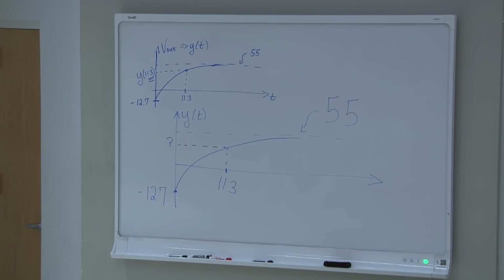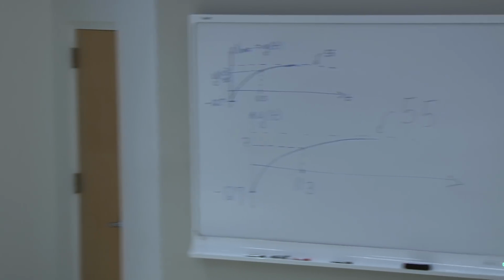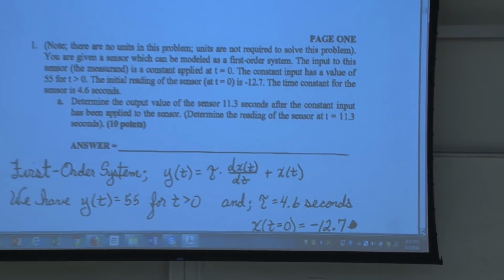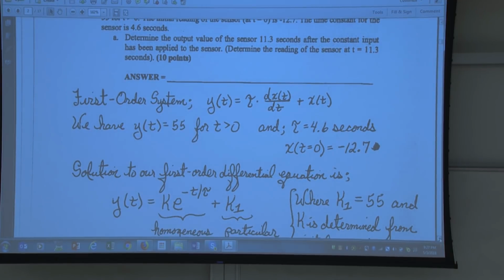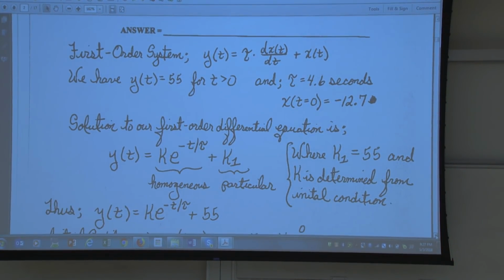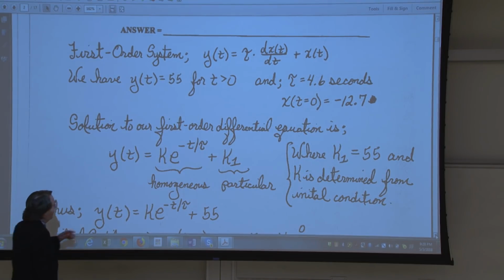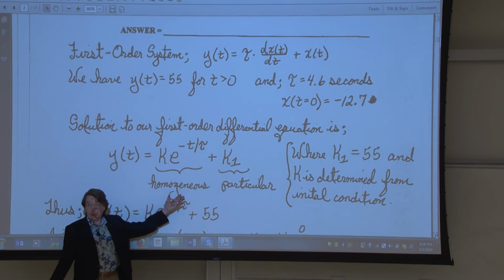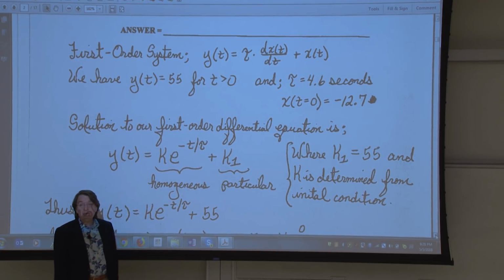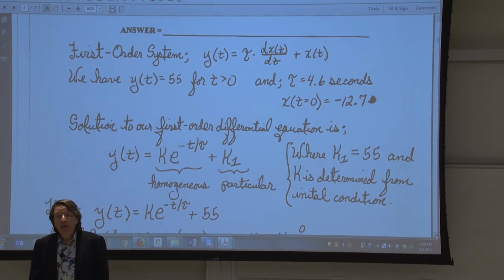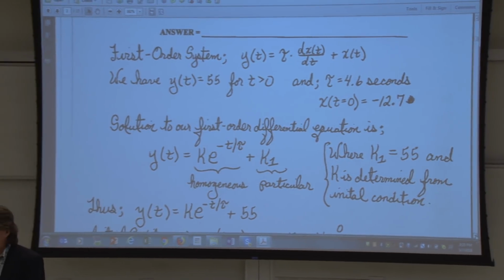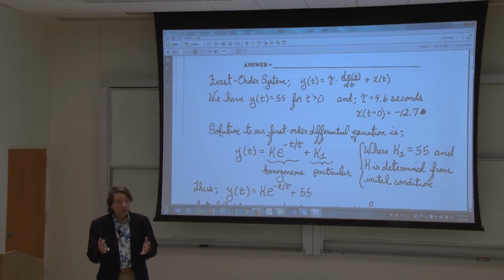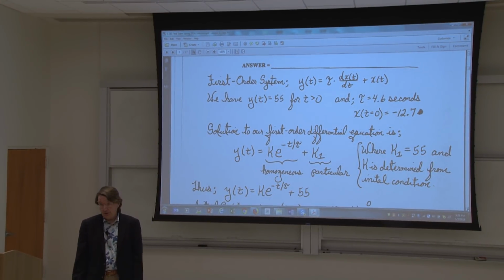All right, so I come down here, and I'm hoping, my colleagues, that you know this now very well. For a first-order system, the solution is the homogeneous plus the particular. The homogeneous is k e to the minus t over tau, and since the input is a constant, the particular solution is that constant.